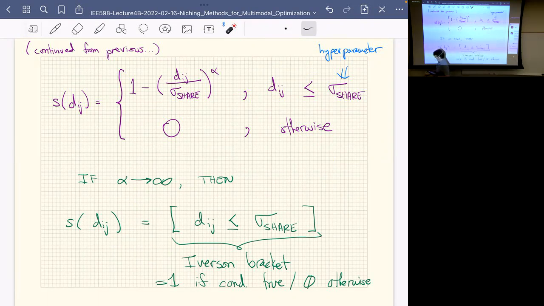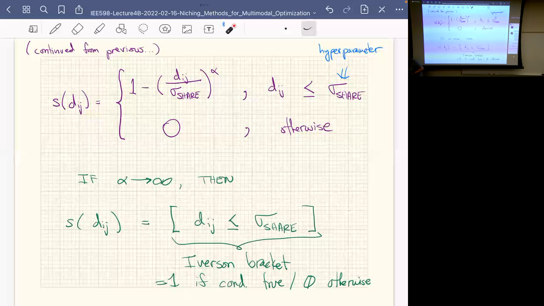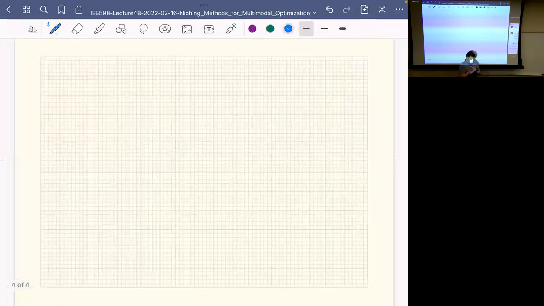Generalized niche counting. An alternative we can do instead of counting is an approach inspired by clustering, inspired by k-means clustering, for example.